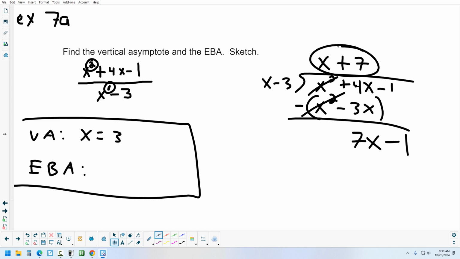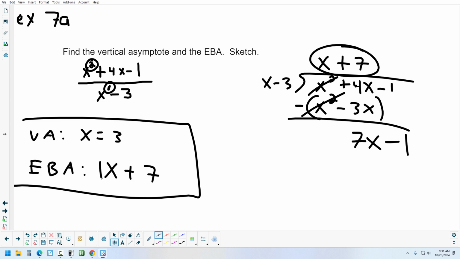Now, what's the exponent on that? 1. When you have an exponent of 1, the EBA doesn't curve. With a 2 or a 3 or higher, it curves. But with a 1, it's not. This is basically like y equals mx plus b, which is going to be what shape? A line. But if you have a line with a slope of 1, is that a horizontal line, a vertical line, or neither?